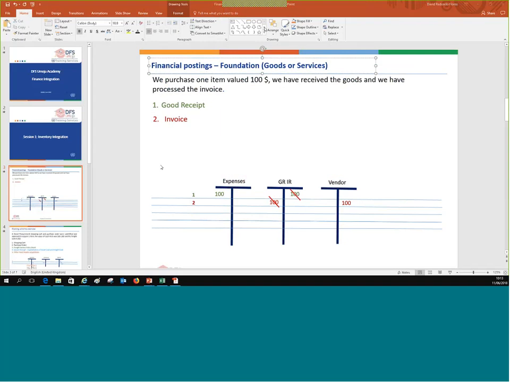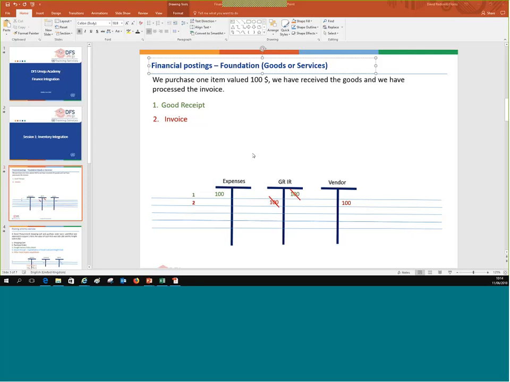So before, when we were purchasing goods or services in foundation, we had debit to expense account, credit to GRIR. And then the second step, we had the debit on GRIR and the credit on the vendor account when the invoice was processed. That was just normal.